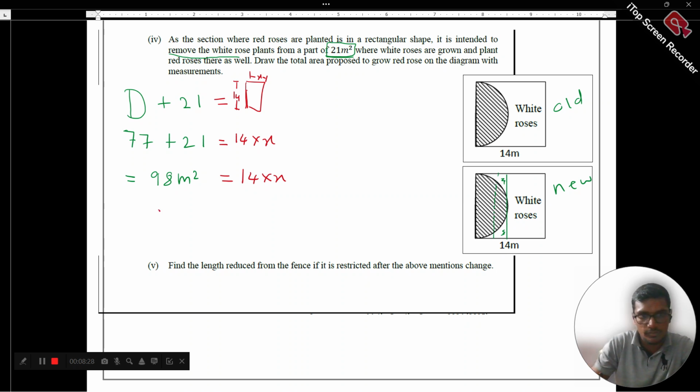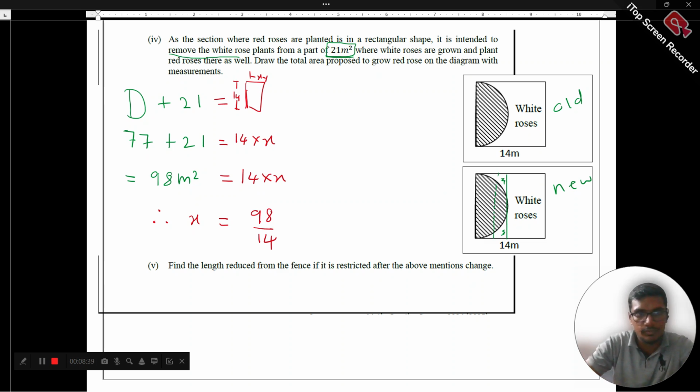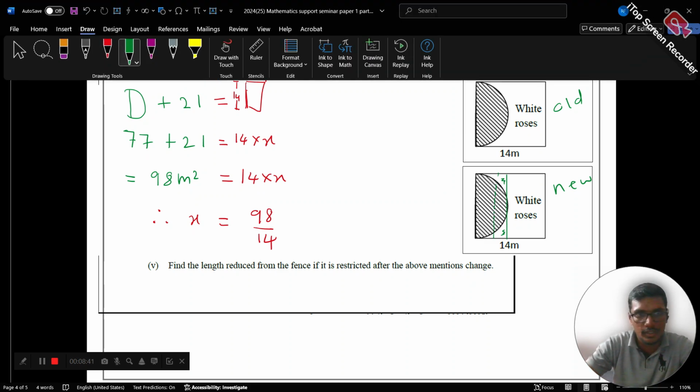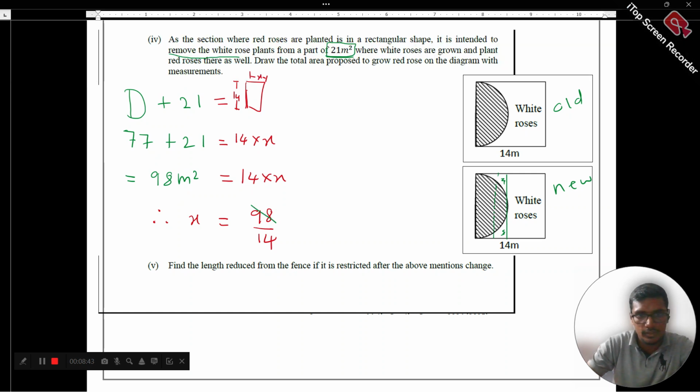To find x, we divide both sides by 14. x is 98 divided by 14, which is 14 times 7. x will be 7 meters.